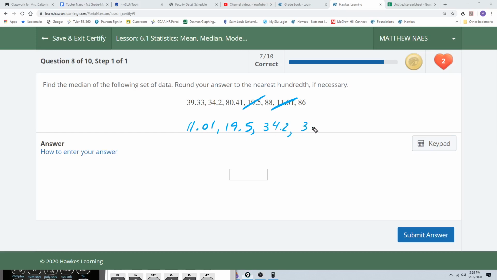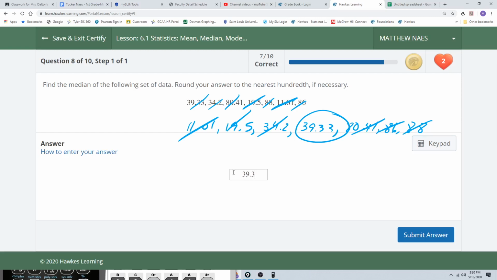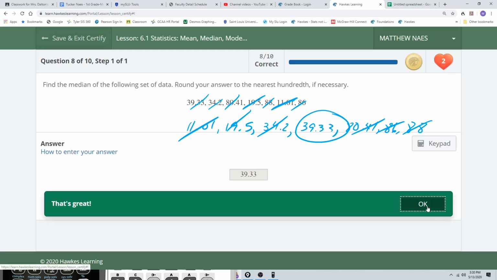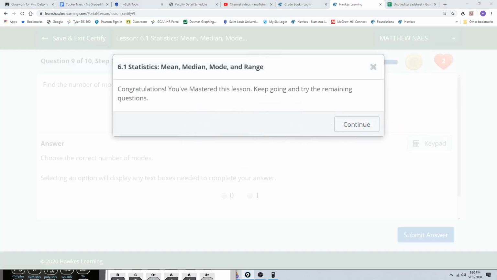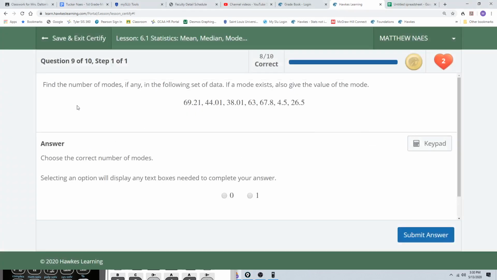Then 34.2, 39.33, and so on, then 80.41, and lastly 88. So smallest, biggest, next smallest, next biggest, next smallest, next biggest, one middle number. That shows the importance of putting them in order. The median is 39.33.